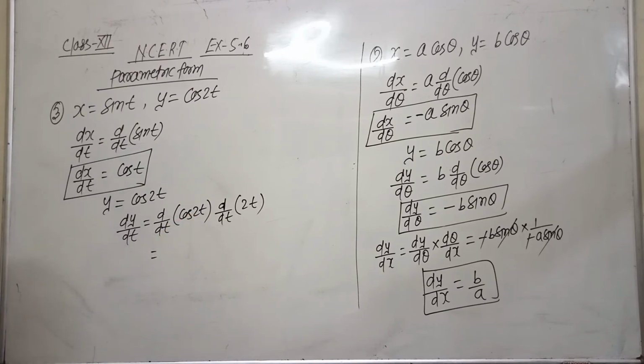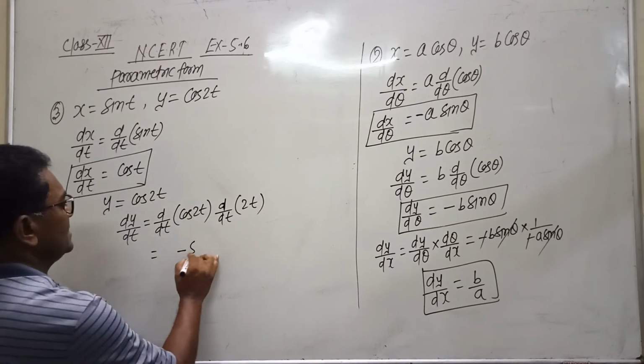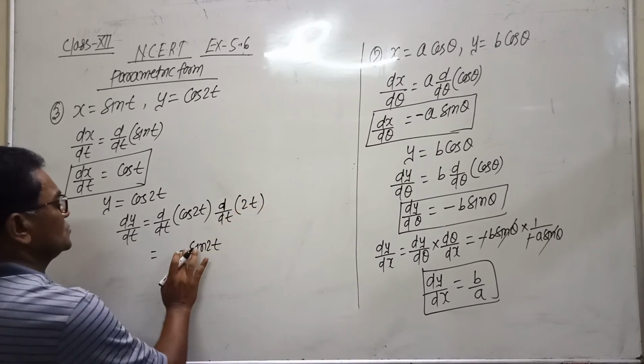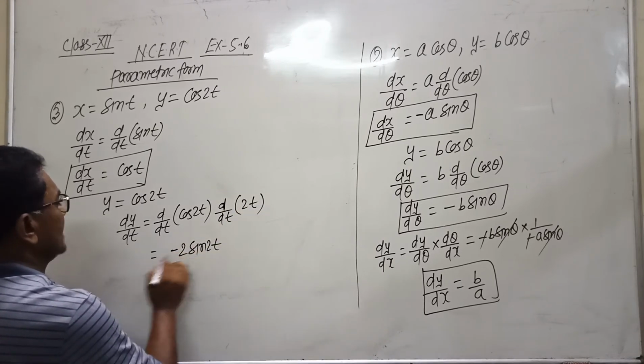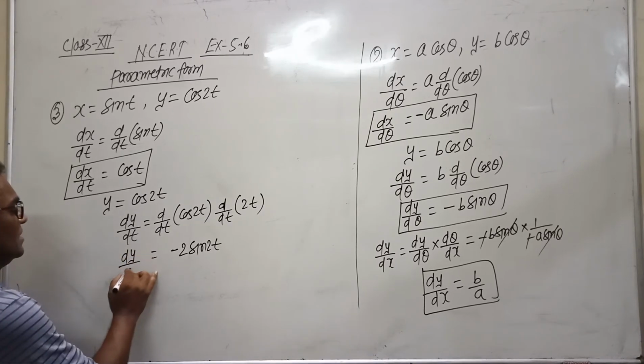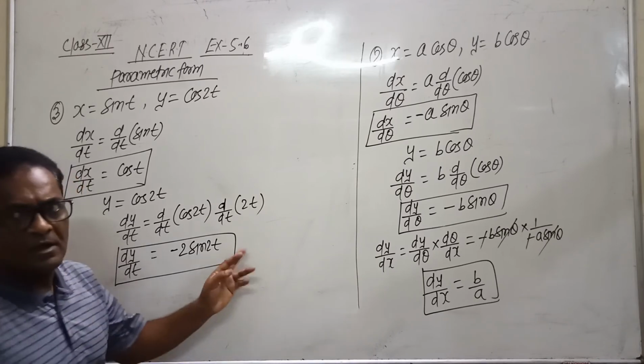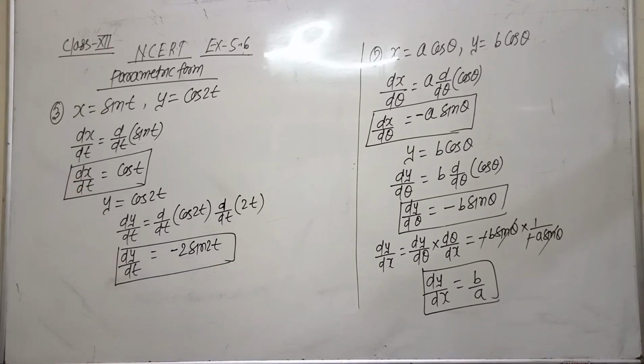Differentiation of cos 2t is minus sin 2t, and differentiation of 2t is 2, so it gives minus 2 sin 2t. This is the value of dy by dt. Differentiation of 2t: 2 is the constant term and differentiation of t is 1.